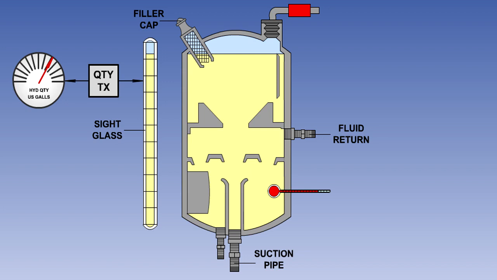Note the strainer in the filler inlet, preventing debris entering the reservoir. And, in some cases, a temperature sensing probe, which may be used to operate a fluid temperature gauge and/or an over-temperature warning light. The baffles and fins are fitted to prevent sloshing and foaming of the fluid during in-flight maneuvering.